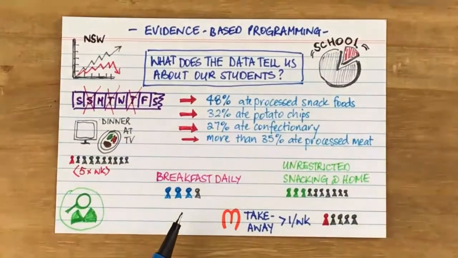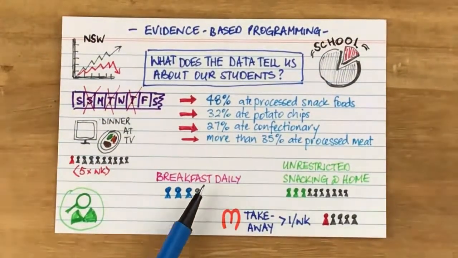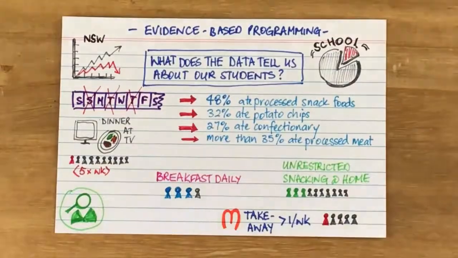We also know from that data that 3 out of 4 students are having breakfast daily. So that means that we need to take into account that 1 in 4 students that we might be teaching may be coming to school without having any breakfast. We also can see from that data that 1 in 5 students are actually having takeaway on more than 1 night per week.